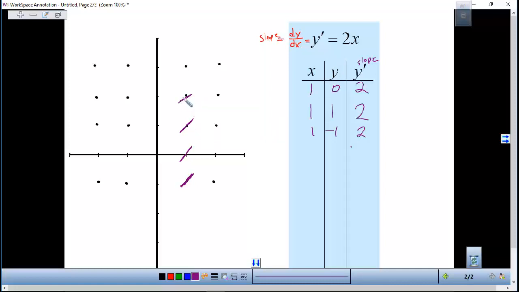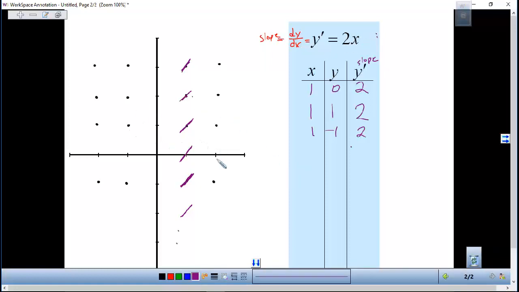So that means we're going to have a slope of about 2 there, a slope of about 2 there, and a slope of about 2 down here, etc. So it's going to keep going over and over again, because my differential equation here is based only on x. If this had been 2xy, then it's based on both x and y, and as my y changed as I went up and down, my slope would change as well. But since it's just 2x, it doesn't do that.